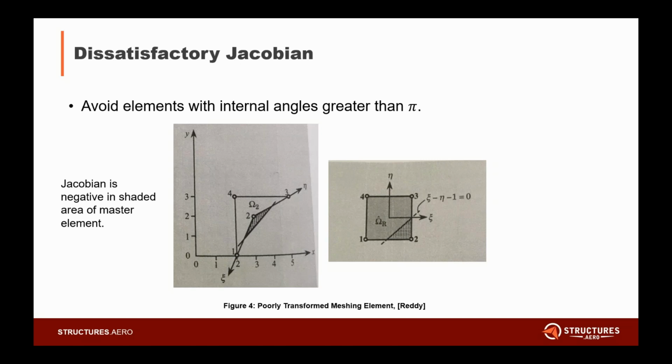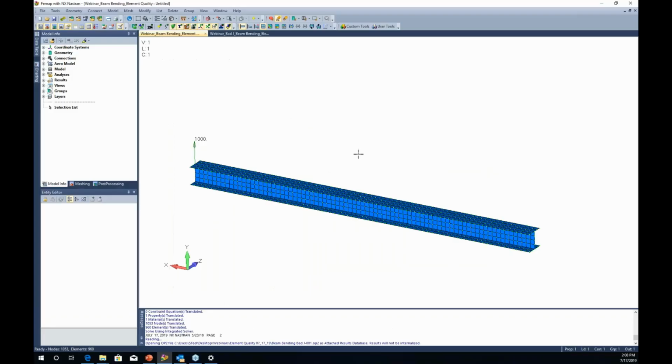Now that I have given a very brief background on the element quality of interest, we will go into Femap and do some basic demonstrations as to how you can manage and identify your element quality.